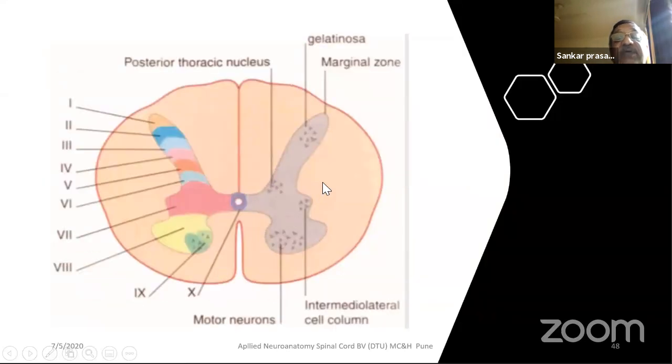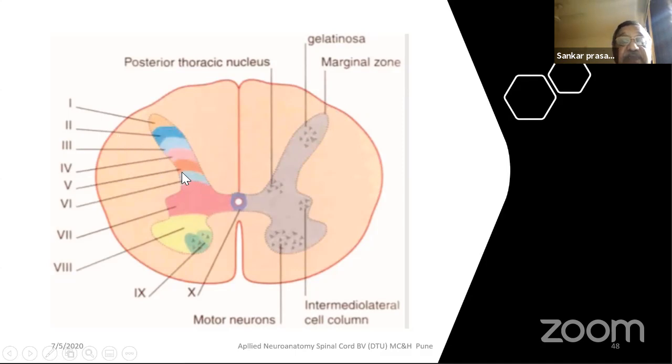And this is what I was telling, the gray matter is divided into Rexed laminae 1, 2, 3, 4, 5, 6, 7, 8, 9, 10 surrounding the central canal. They have motor neurons anteriorly placed, the intermediate cell column, that is the sympathetic ganglion, and the sensory distribution in levels 1, 2 and 3.